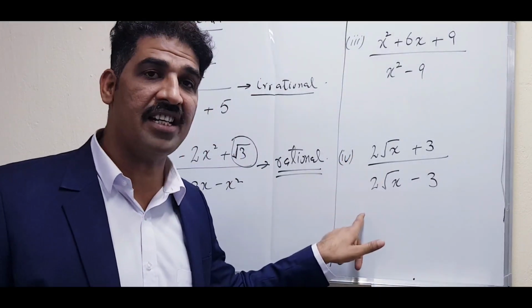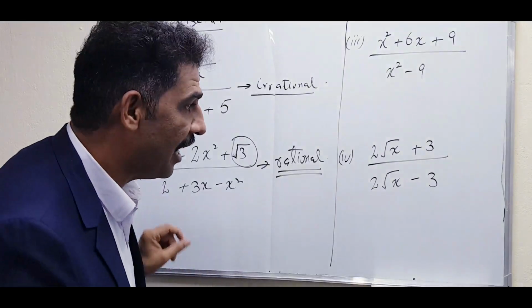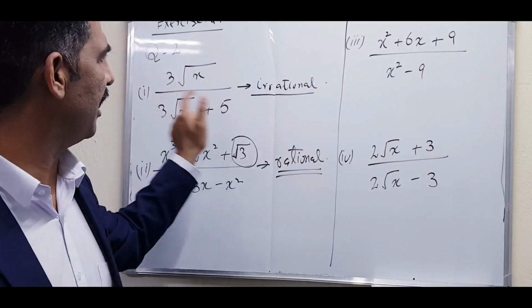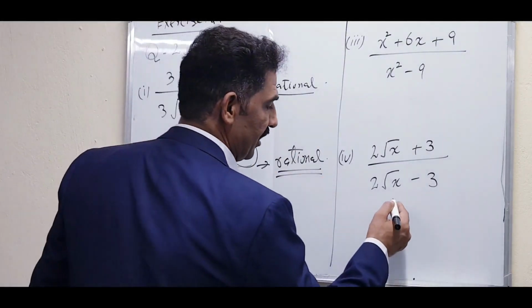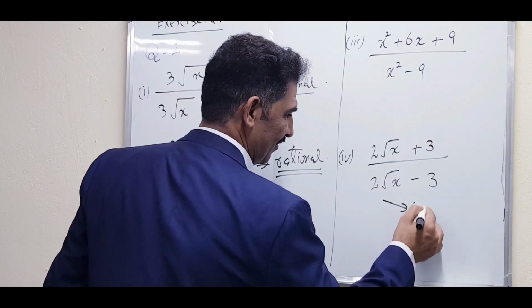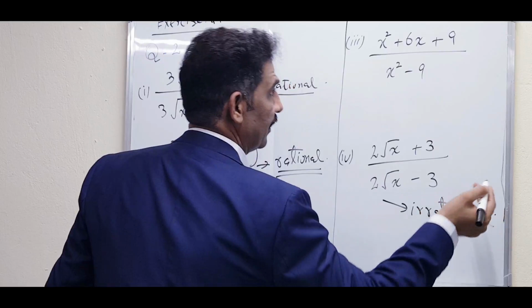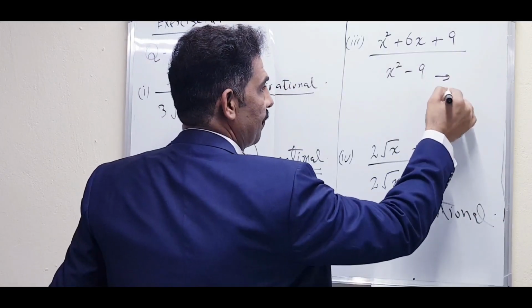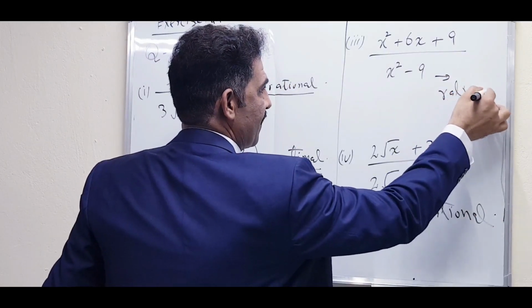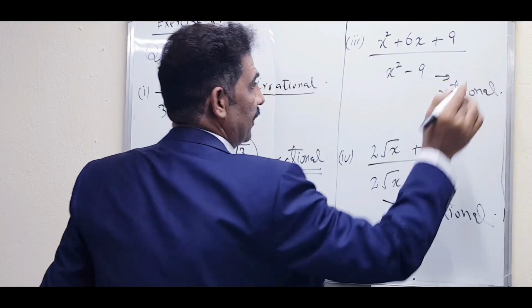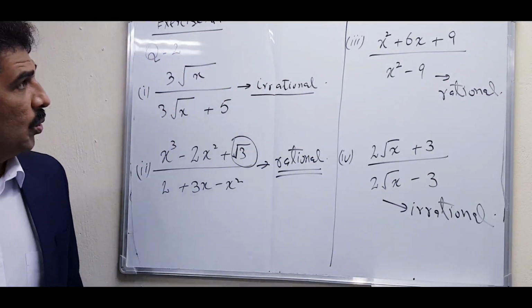Is this rational or irrational? This is also irrational, because they both have the same type. So it is also irrational. And that is rational. After this, question number 2 is complete.